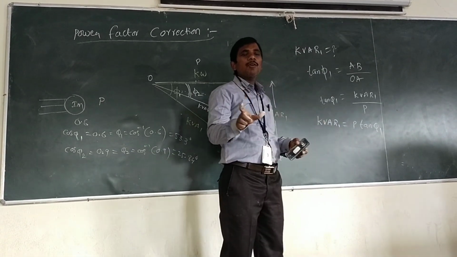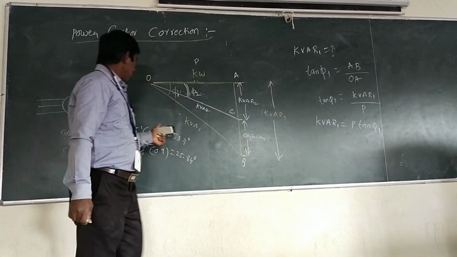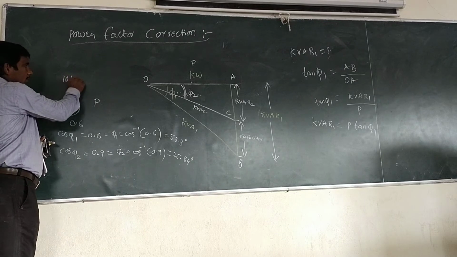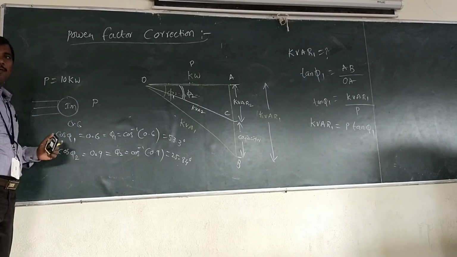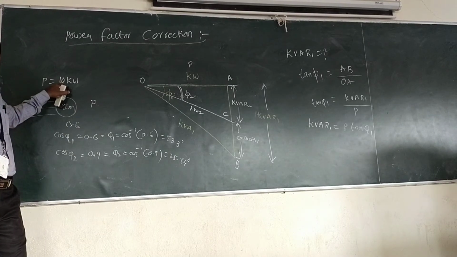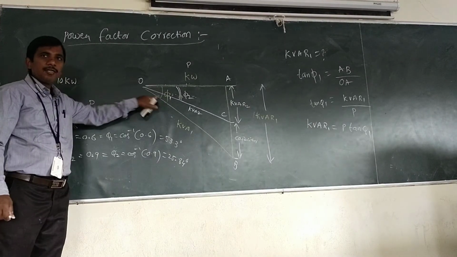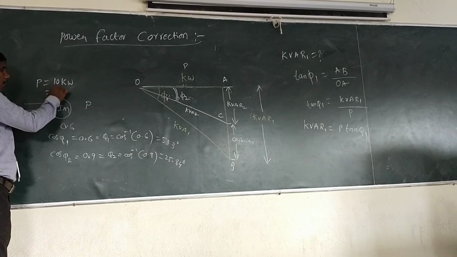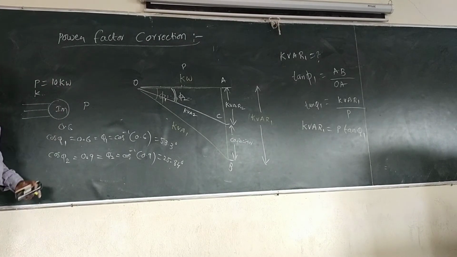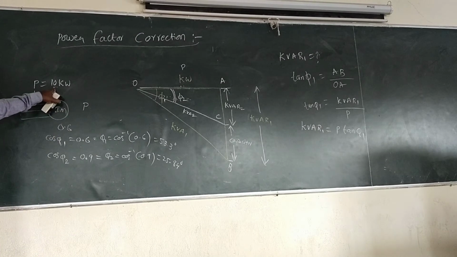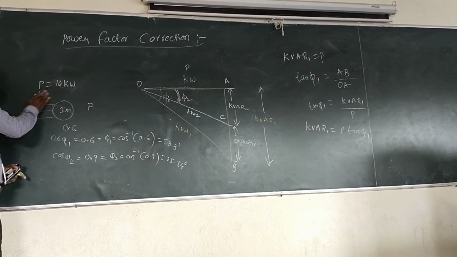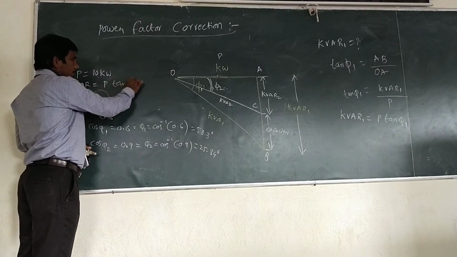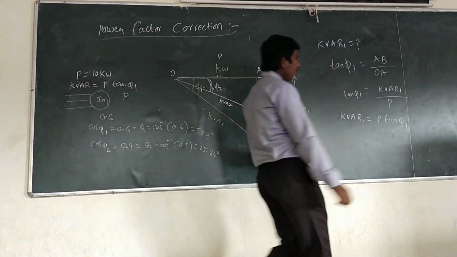If you want to calculate the reactive power taken by the load, suppose at home, or in an industrial or agricultural field, somewhere there is a 10 kilowatt motor. 10 kilowatt is nothing but P, the real power. How much reactive power does the 10 kilowatt motor take? If you know the phase angle, that is the power factor, we can find it. kVR1 equals P into tan phi 1.